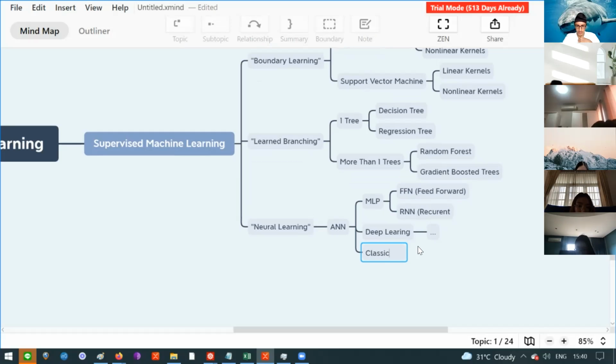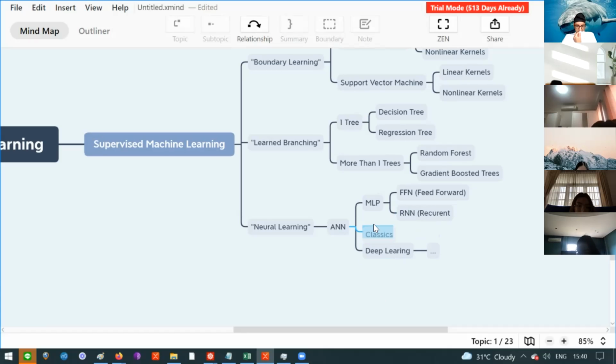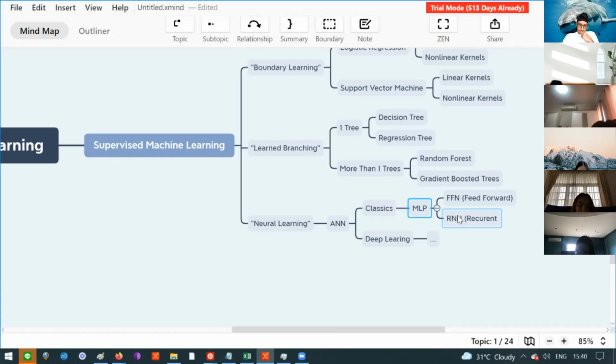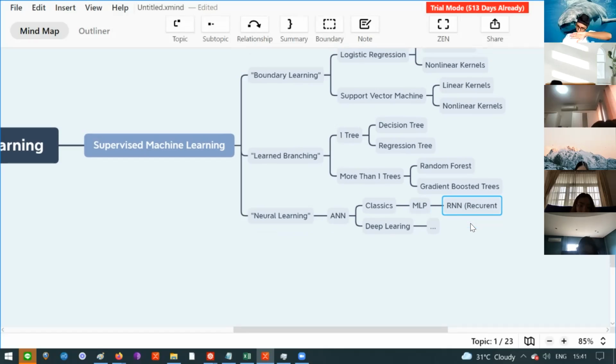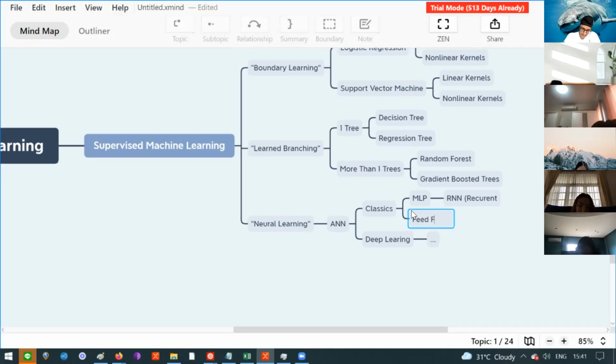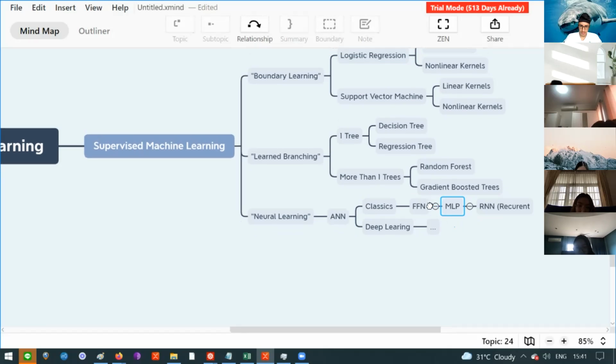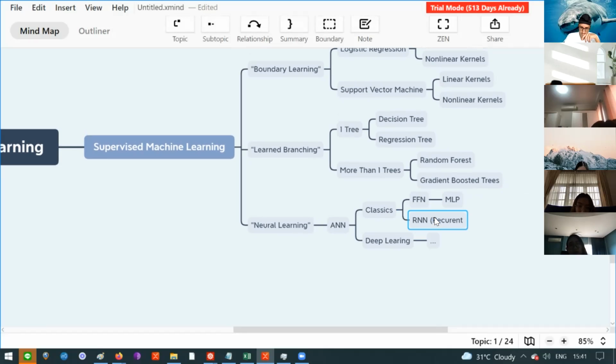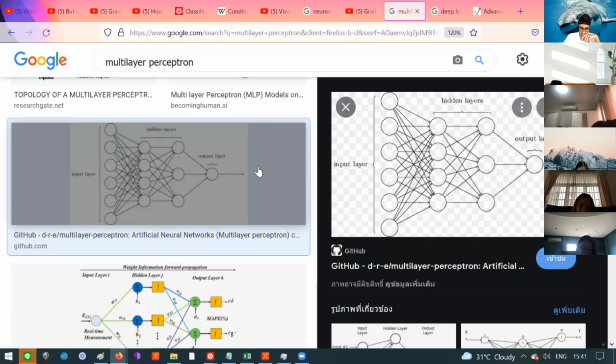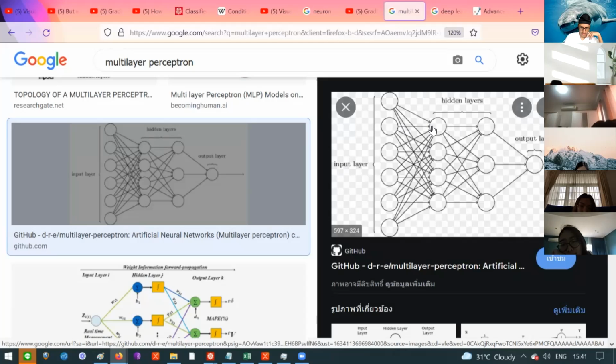Yeah, classic and deep learning. There are other feed-forward networks that are not multi-layer perceptrons. What recurrent means is this: instead of having this thing go forward, it can go back and feed itself. So like a feedback loop.